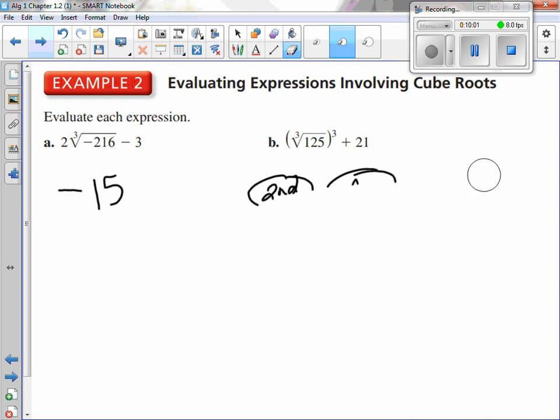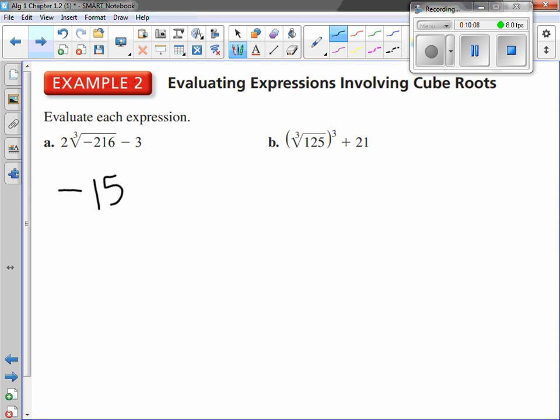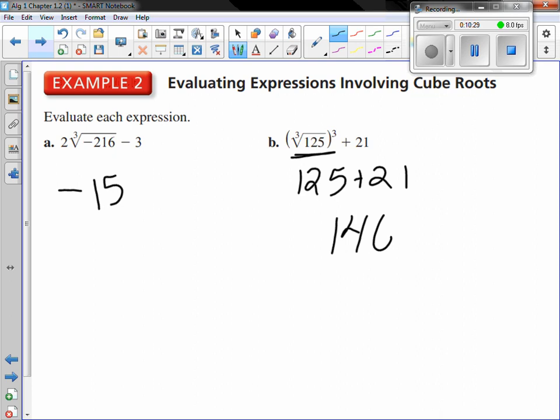How about the next one? The cubed root of 125 cubed plus 21. Well, what is the cubed root of 125 cubed? You all know? The cubed root of 125 cubed, this right here, is 125, and when we add 21 to it, we should get 146.